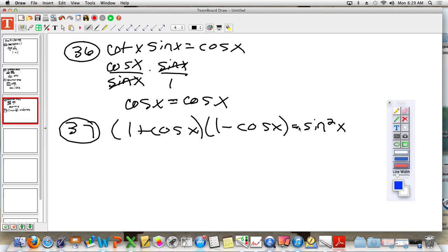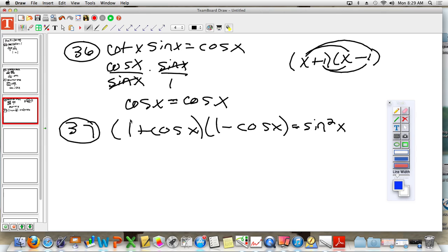What if you had a situation like x plus 1, multiplied by x minus 1? What would you do back when we were doing math? FOIL. Yes, you would FOIL these two. You would say x times x, x times negative 1, 1 times x, and 1 times negative 1. You're going to do exactly the same thing.